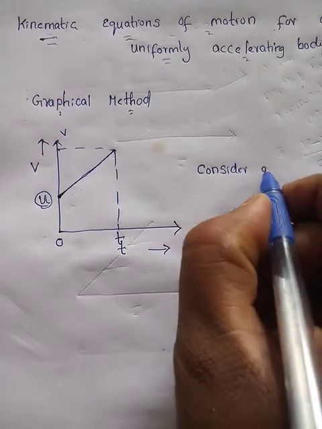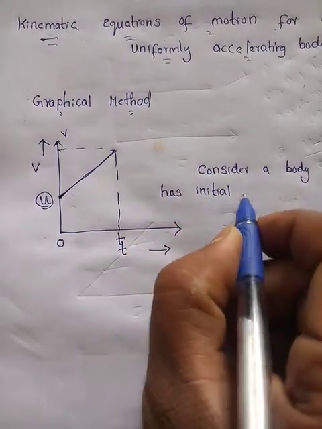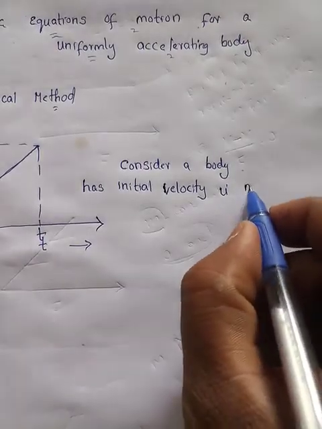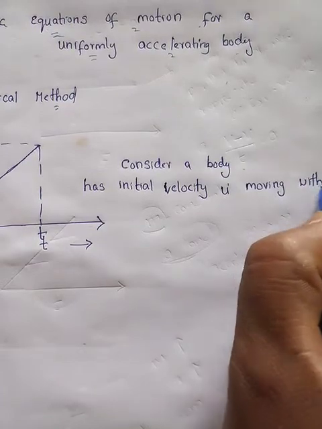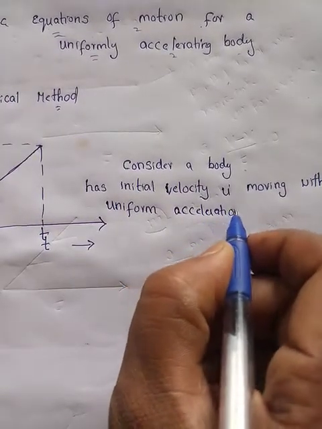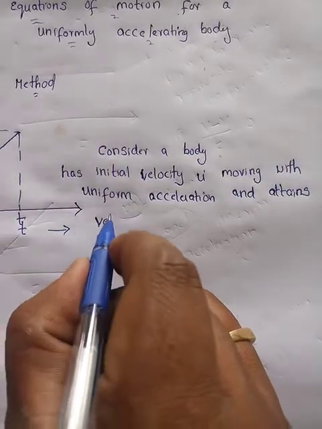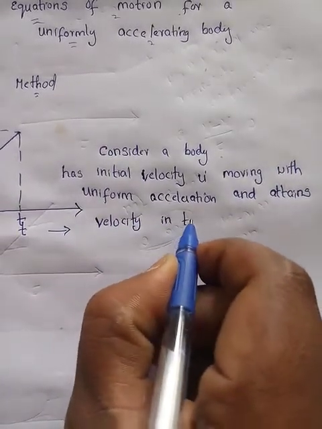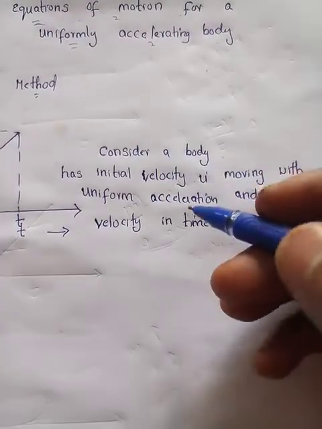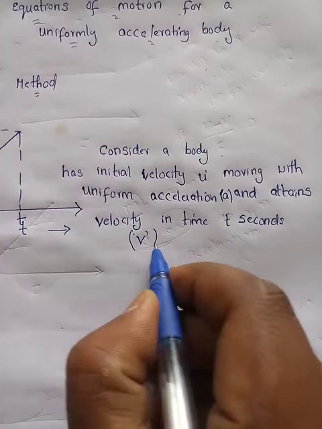Consider a body has initial velocity u, moving with uniform acceleration a, and attains a velocity v in time t seconds.